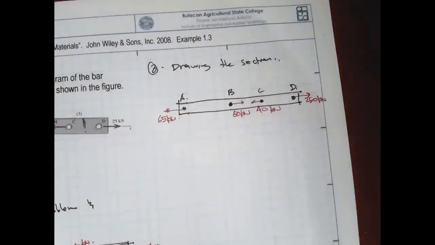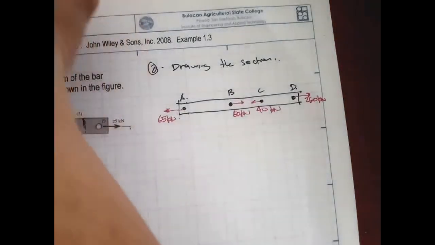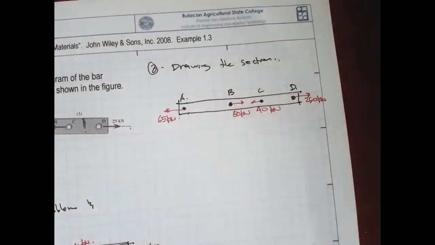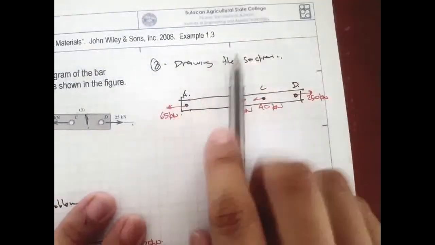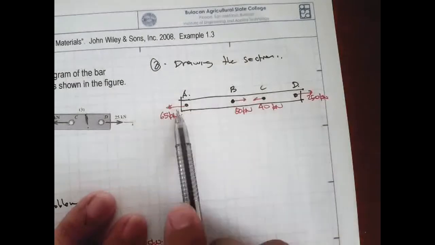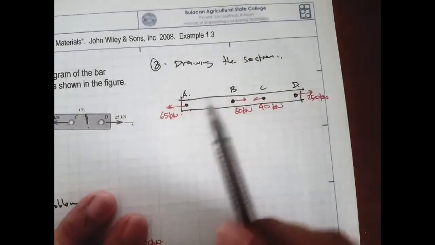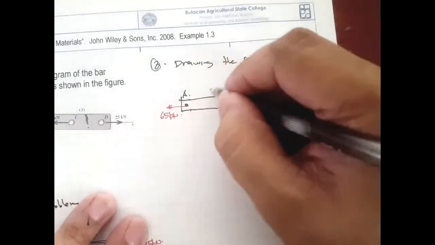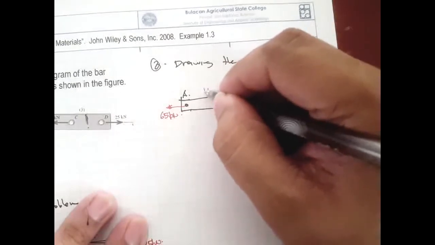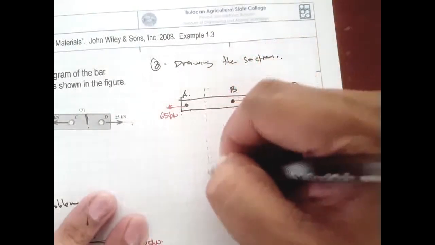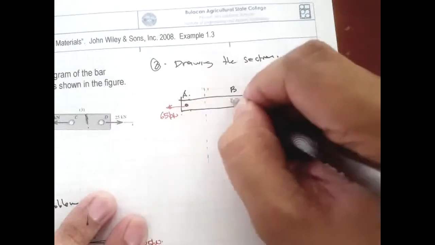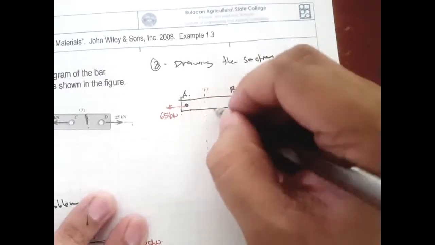So what I'll do next is to make a cut. What if I want to solve for the internal force between A and B? If that's the case, I make a cut anywhere along this segment.